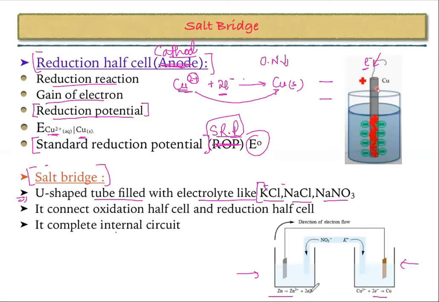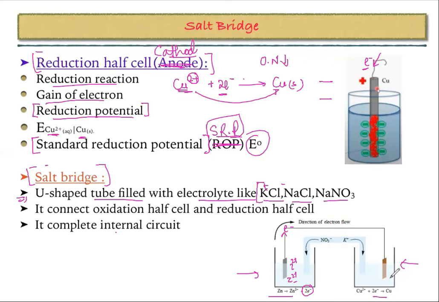How can you see that? As zinc has released 2 electrons, and these 2 electrons are going to flow through the external circuit, a charge deficiency is created in the anode, right? The solution is full of Zn2+ ions. To balance this, NO3 minus is going to be released from here and will balance the charge.